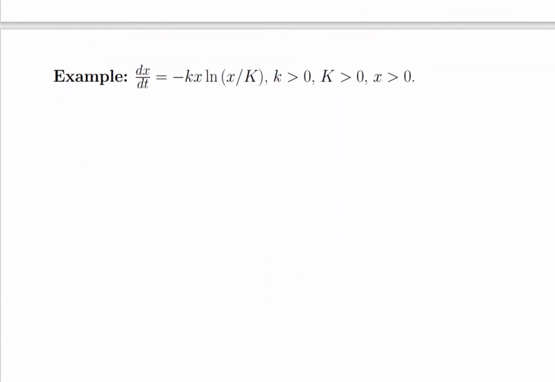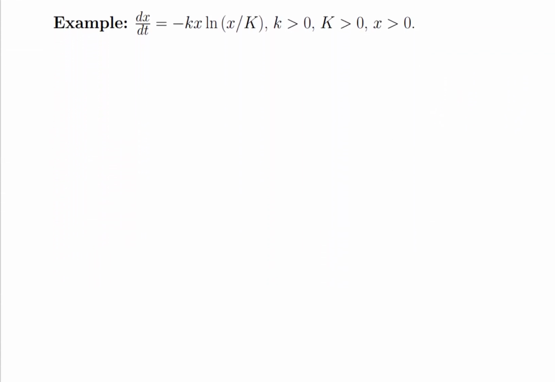Let's finish today by trying out this system. It looks like a rather complicated formula. Maybe I don't want to graph that function. It's also got two parameters in it, big K and little k. So first find the fixed points. So I set minus kx log of x over K equal to 0.